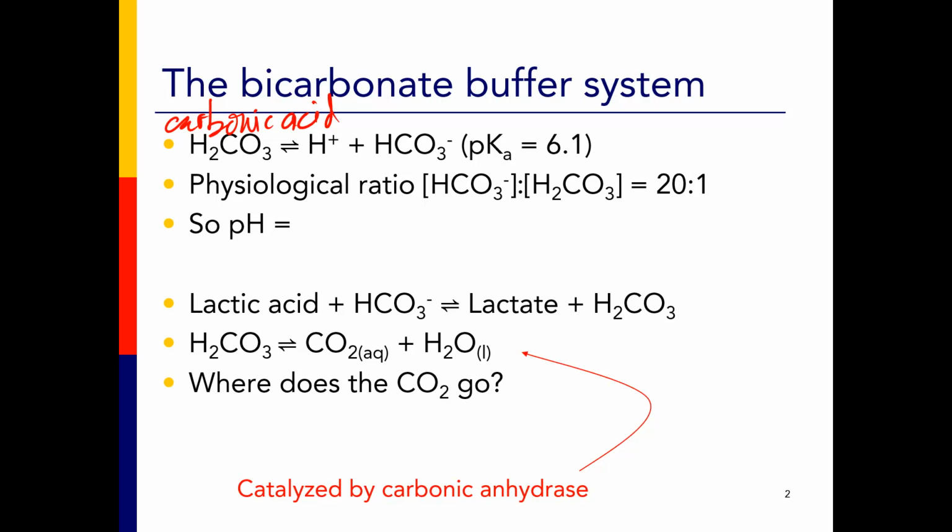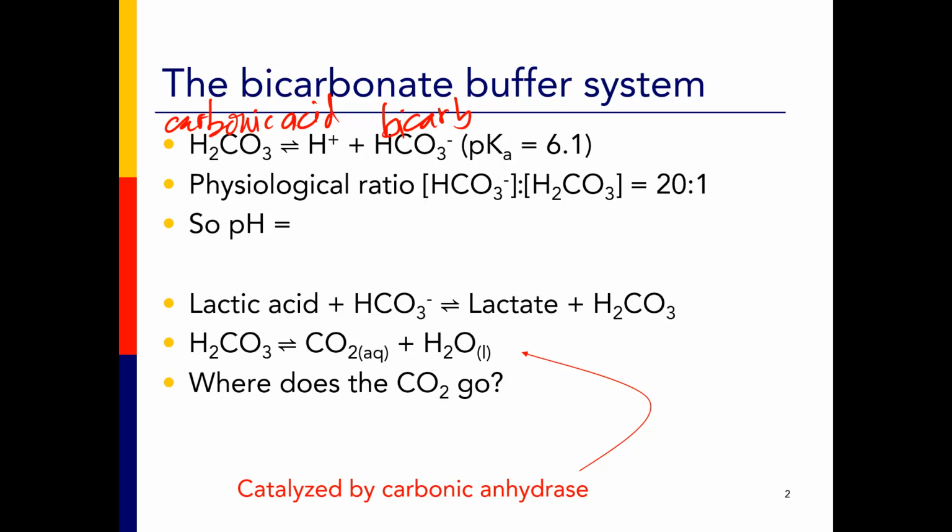HCO3 minus, what do we call that? Bicarbonate anion. And that's still acidic. It can still lose that second proton, and then we call it carbonate. But really the only pKa that we care about is that first proton. The pKa of that first proton of carbonic acid is 6.1, so that's in the physiological range, and that's the relevant one.